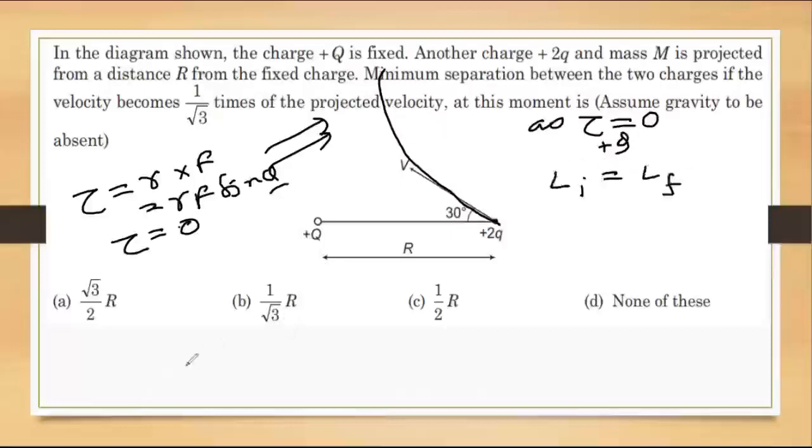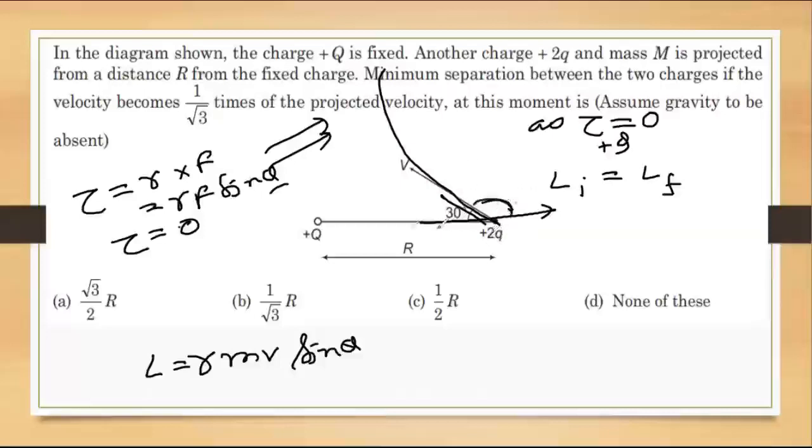And you know that angular momentum is equal to R cross mv, that is, R mv sine theta. But remember, here theta is the angle between R and mv, which is not 30 degrees at this position. Because the R direction is this way and mv is this way, it will be 150.